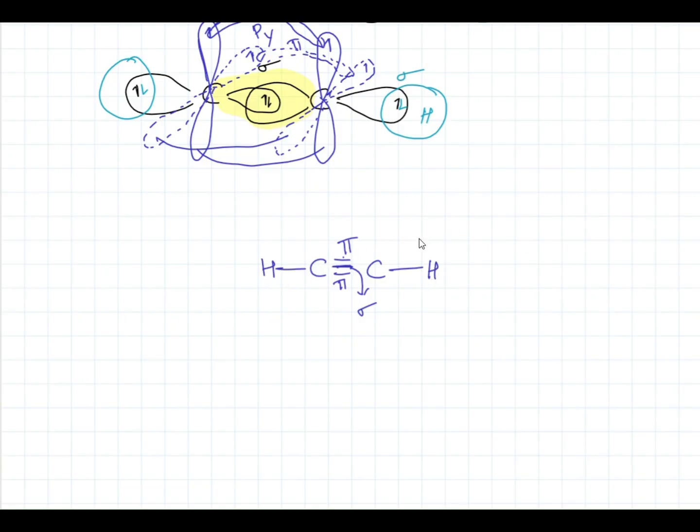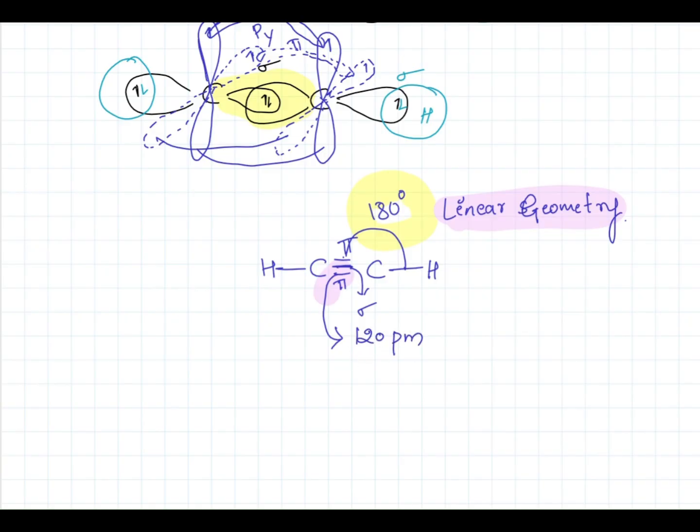This exhibits linear geometry with a bond angle of 180 degrees. The carbon-carbon bond length is 120 picometer.